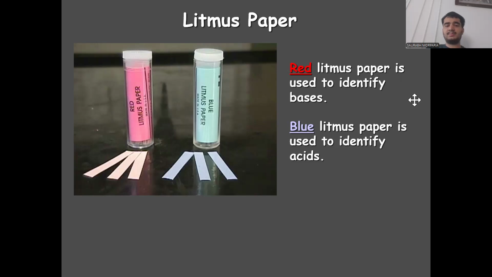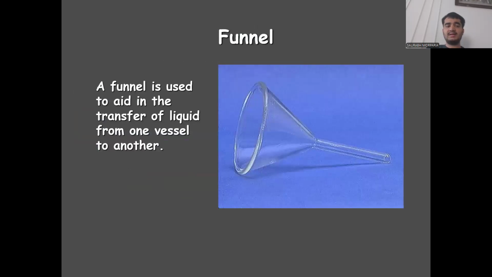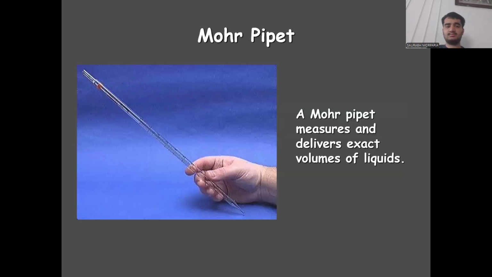Blue litmus paper is used to identify the acid. Forceps. Forceps or tweezers are used to pick up small objects. Funnel. A funnel is used to aid in the transfer of liquid from one vessel to another.